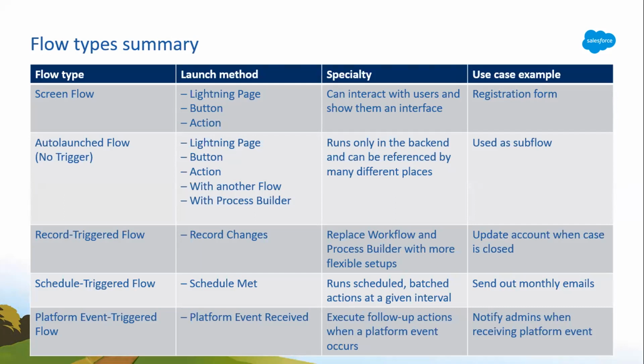That means a user action has to take place to trigger the screen flow. The main specialty of the screen flow is that we have a screen component, which means we can build a user interface without any coding. You can think of a registration form as an example of a screen flow.